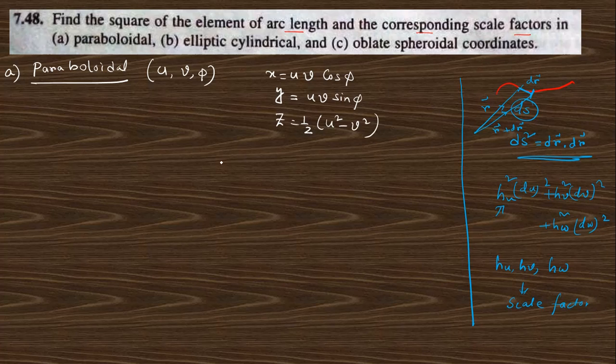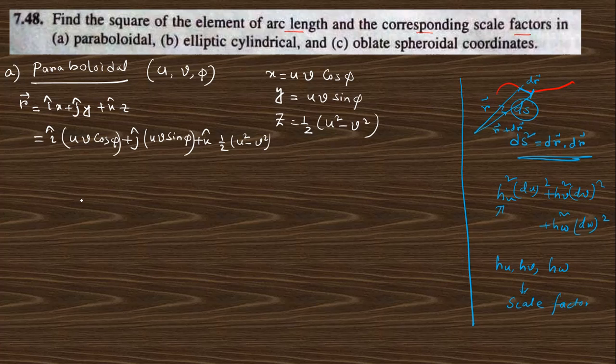This is the relation. So what is the value of the position vector r? R vector is i cap x, j cap y, and k cap z. So this is i cap uv cos phi, j cap uv sin phi, and k cap half of u square minus v square.